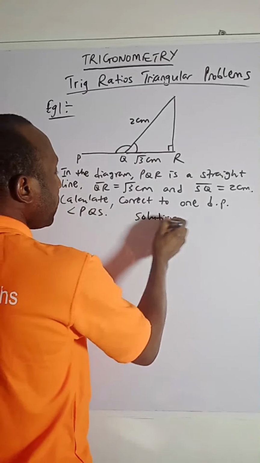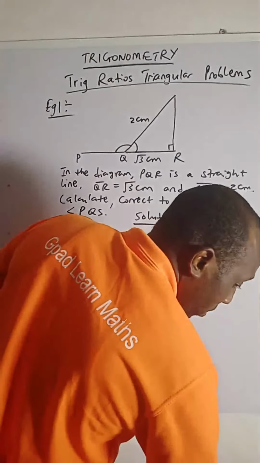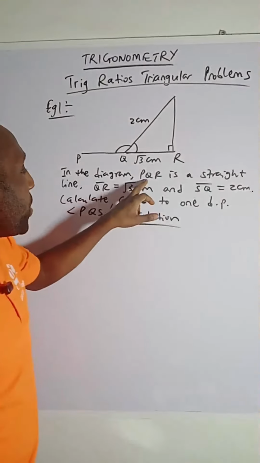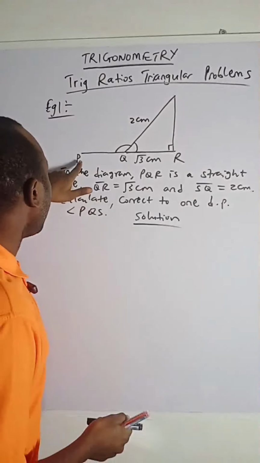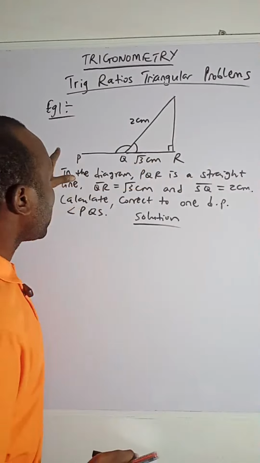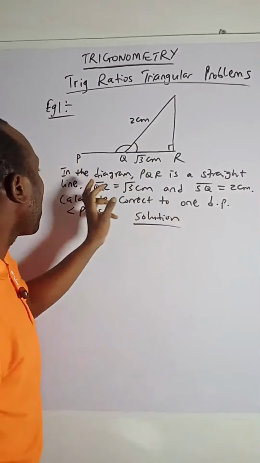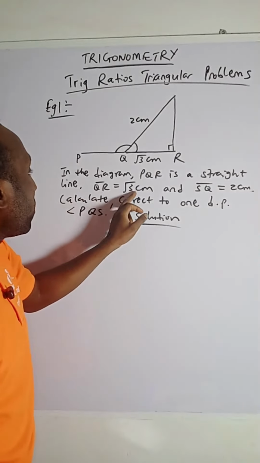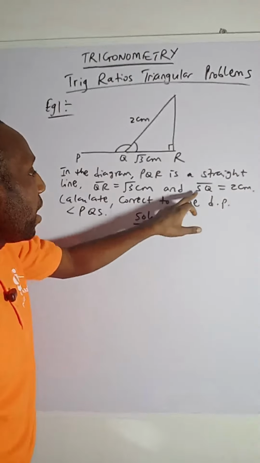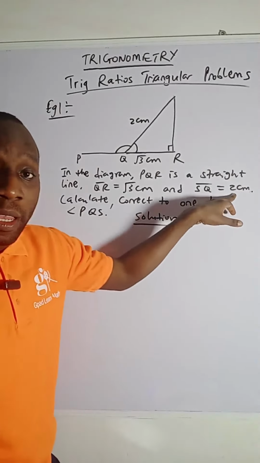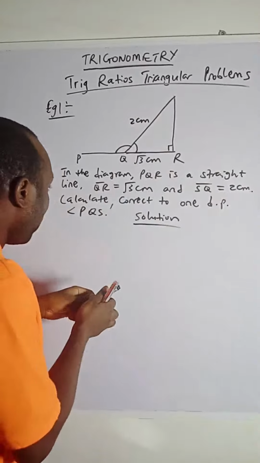All right. Now let's look at this question. Clearly, it says in the diagram PQR is a straight line. We're told that it's a straight line. QR is √3 centimeters, as you can see here, and SQ is 2 centimeters, as you can see here. I'm meant to write S here.